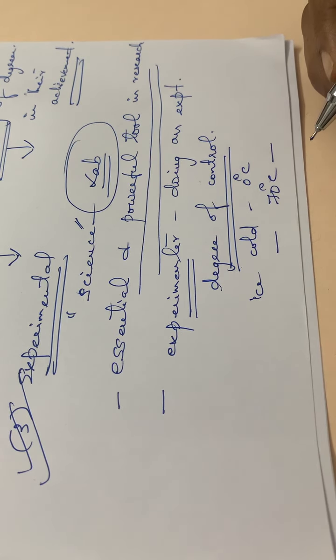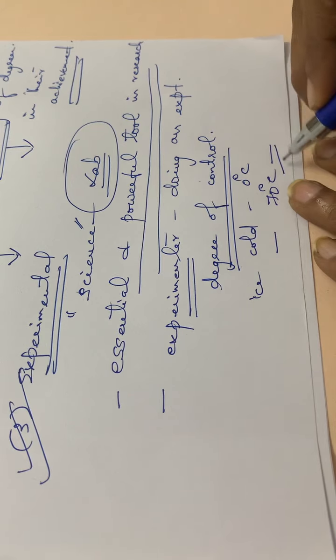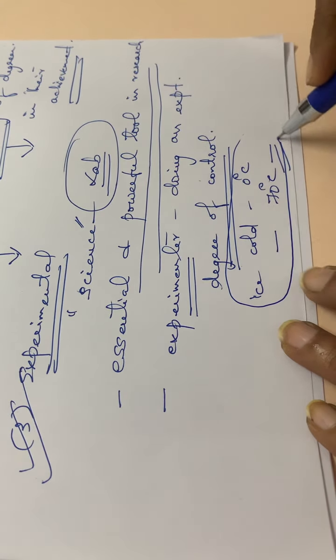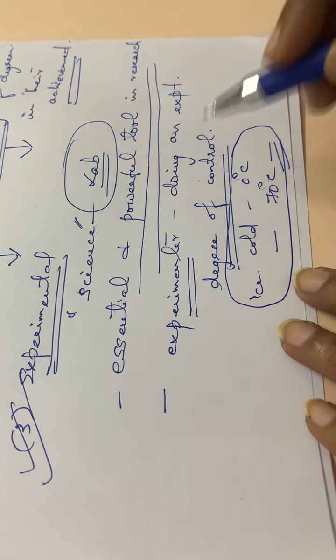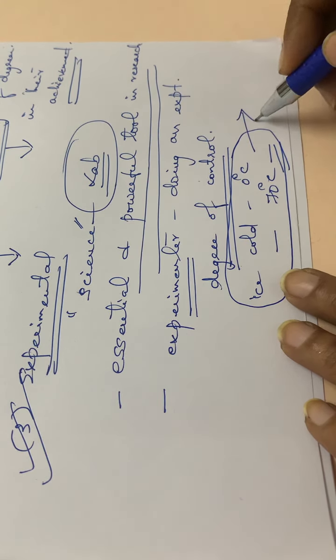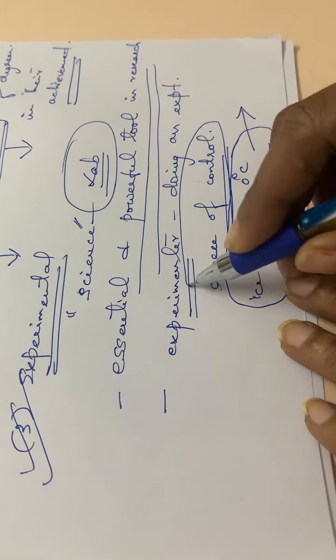The chemistry students, you all know regarding the permanganometric titration, and while you are heating oxalic acid, it is heated to 70 degrees Celsius, isn't it? So that means it is a degree of control, the control given by the experimenter on a particular experiment. Such situations we can call the degree of control.